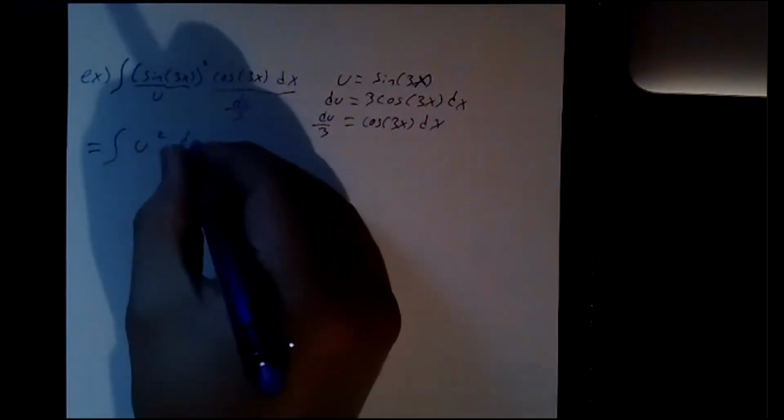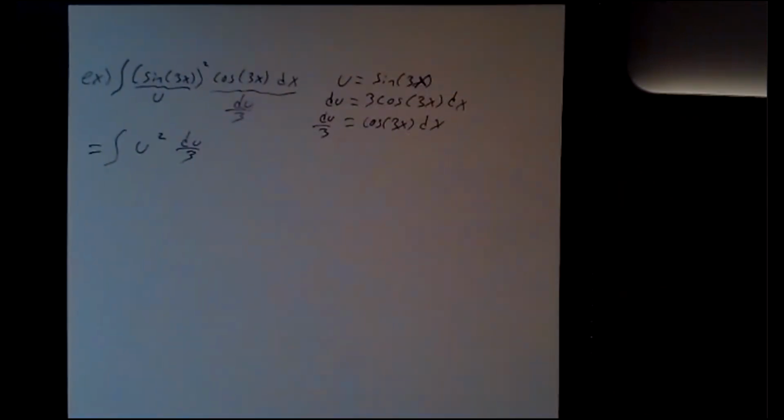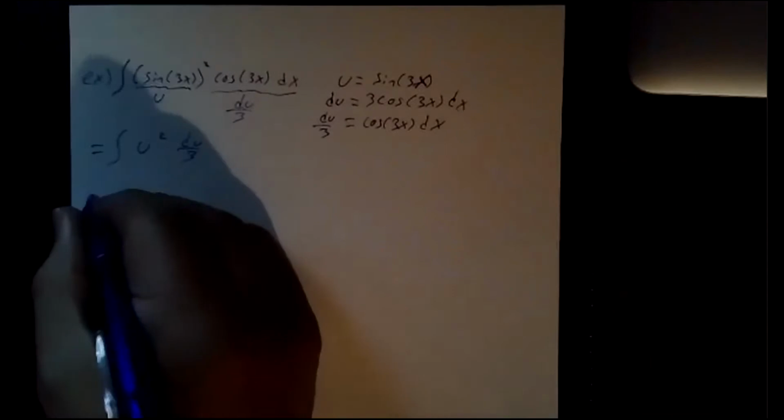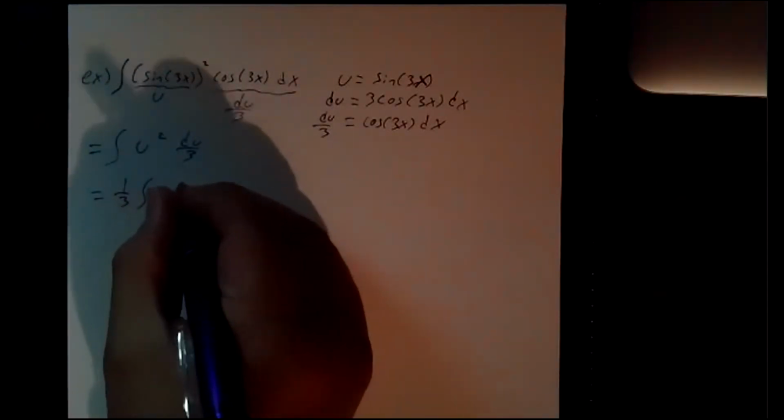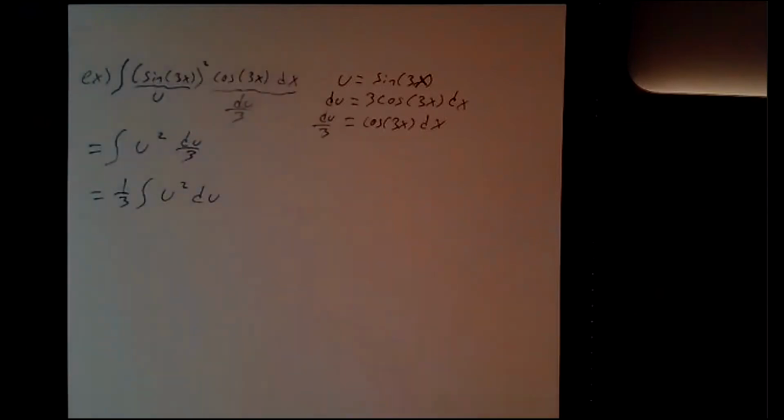So here we go. Now we have u squared du over 3. And now the question looks much simpler, right? Pull out the third, and this is a question that you should be able to do no problem. It's just a power rule.